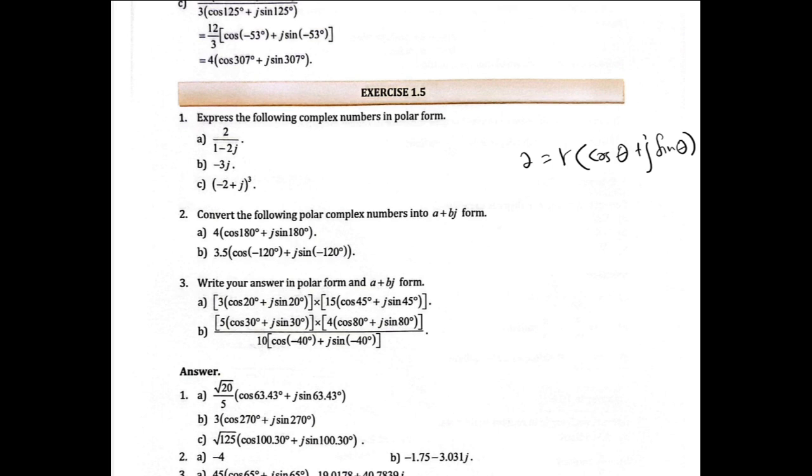Conversion between forms helps simplify many operations.